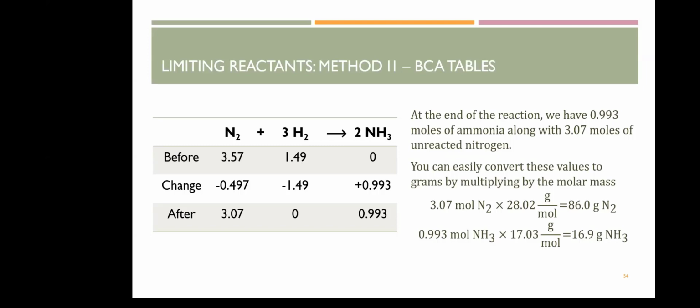The number of grams will always be bigger than the number of moles, even for hydrogen, so you'll know the number's going the right way. So at the end I have 86 grams and 16.9 grams. This was probably not the easiest way to do it for this problem, but it becomes very easy as the problems become more and more complicated.